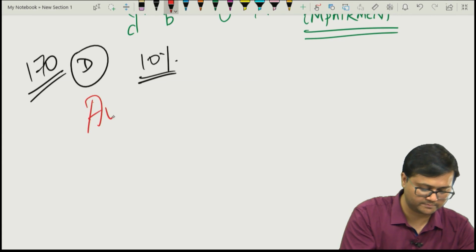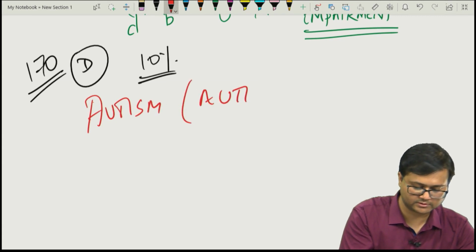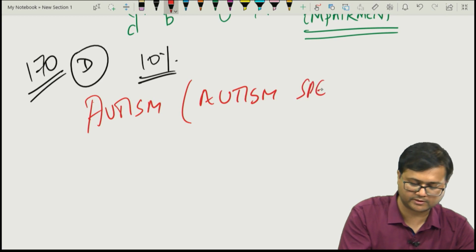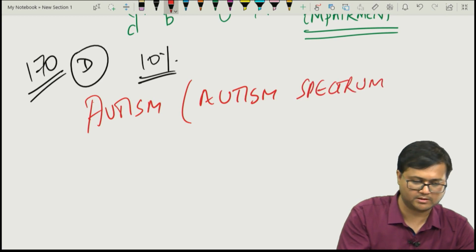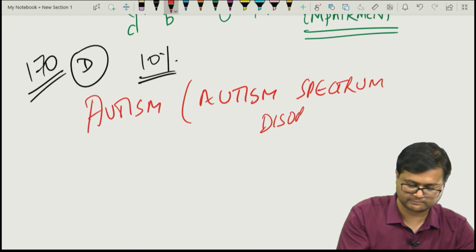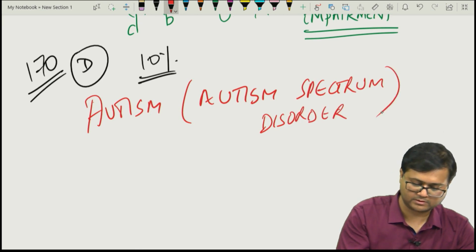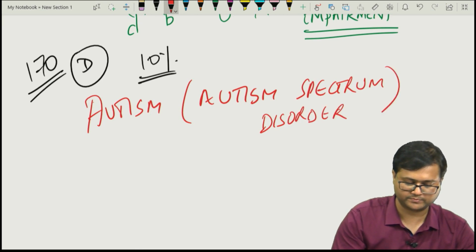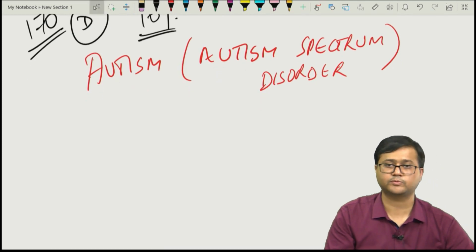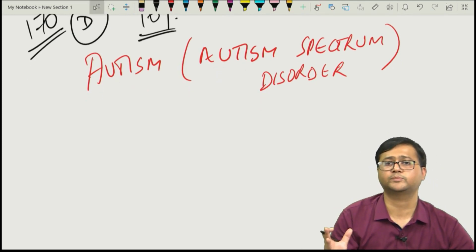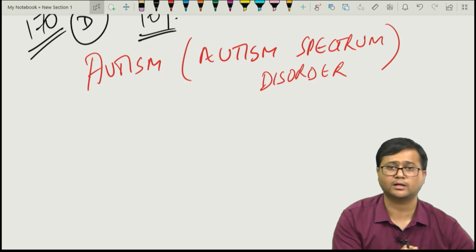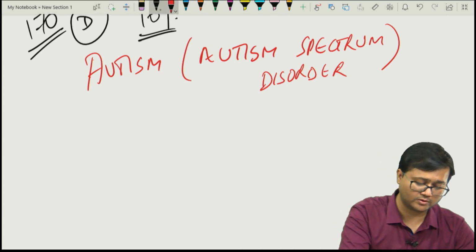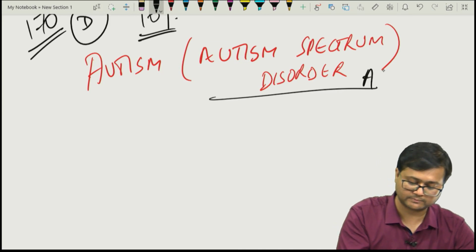Now autism, or the autism spectrum disorder. In DSM-5, all the various types of these disorders are now clubbed together in a single umbrella term, the autism spectrum disorder.